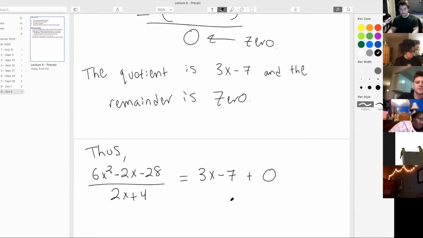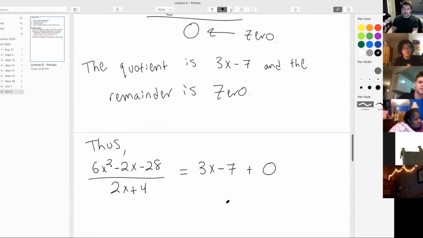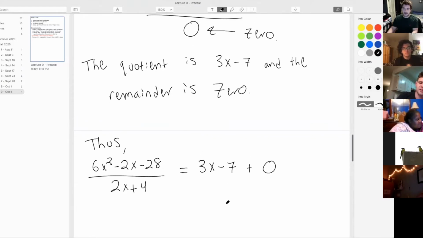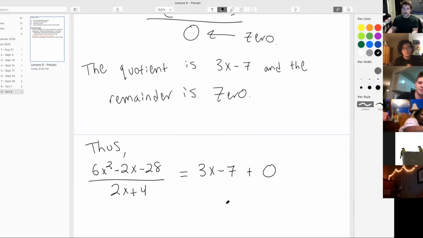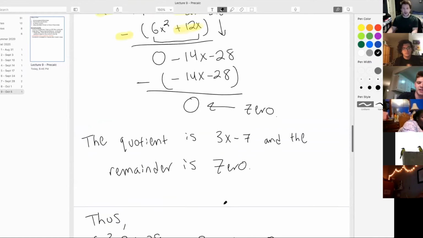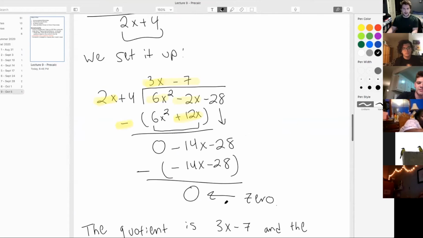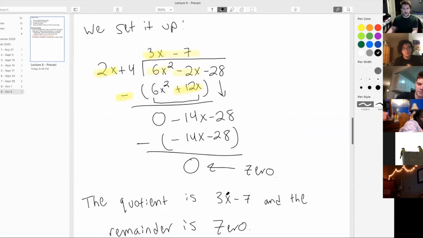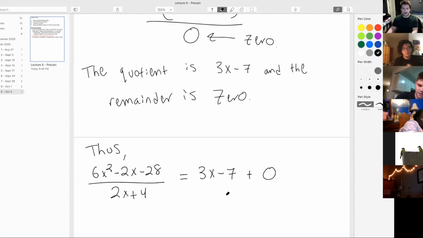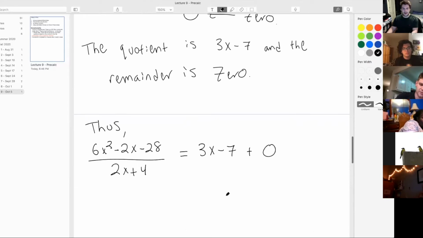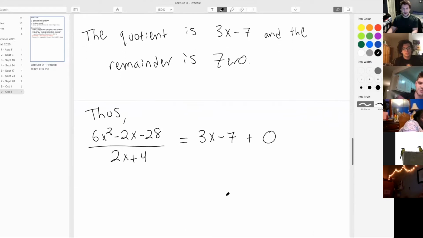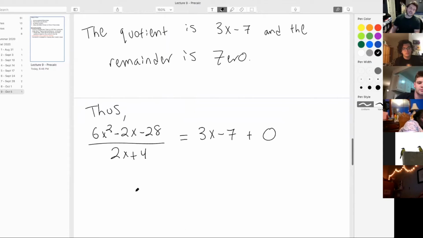Professor Roberts, do you think it would be a little bit more conducive and speedy to do it if we just did 6x squared divided by 2x, that would be 3x. If we did negative 2x divided by 2x down there, that would just be canceling each other out. And then negative 28 divided by 4, that would just be negative 7. Okay, so you cannot split fractions up like that.